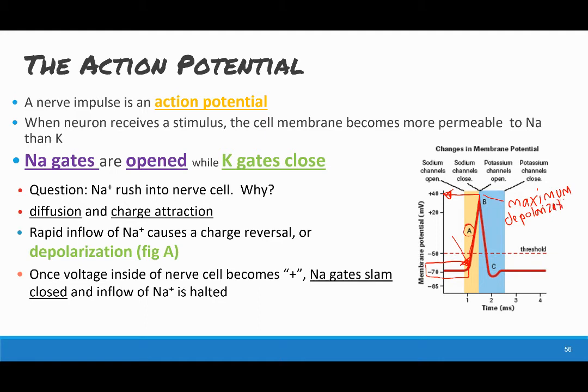And you could read that number on a graph if need be. In this graph, it's positive 40 millivolts. It's at maximum depolarization that the sodium-gated channels slam shut, which stops any more movement of sodium ions across the membrane. At the same time, the potassium-gated channels now open up.